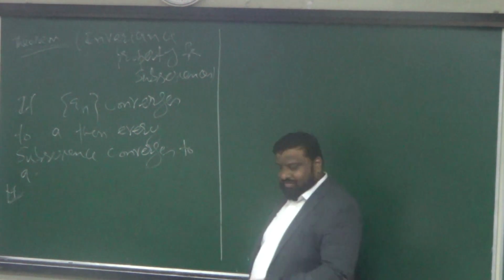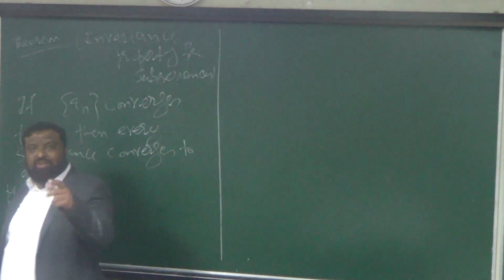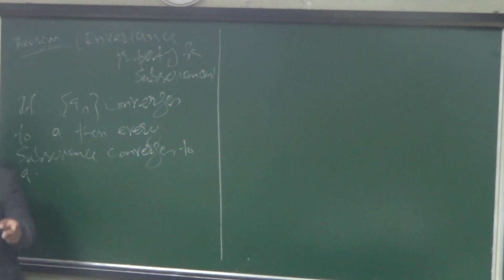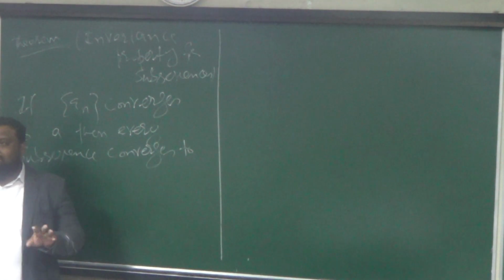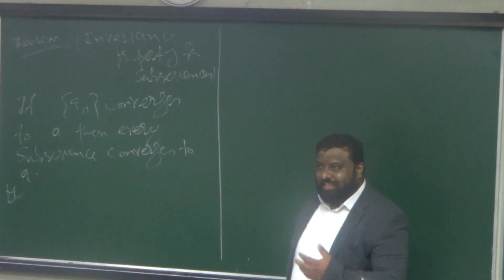So, let me state it more precisely. It says that if you have two subsequences of a sequence which are converging to two different limits, you are done. The sequence is not converging.